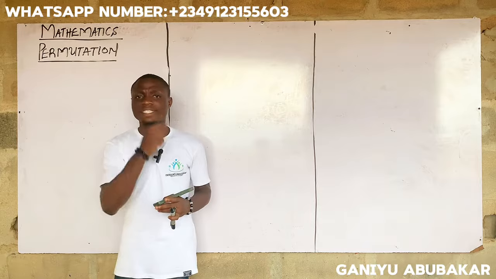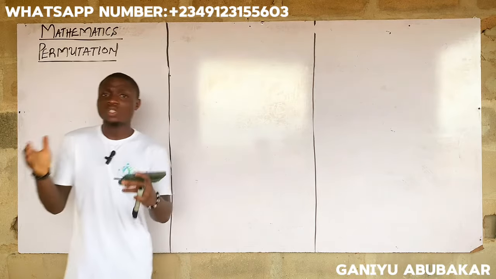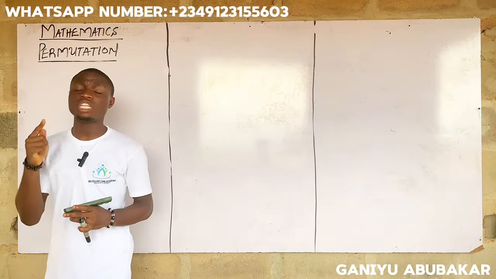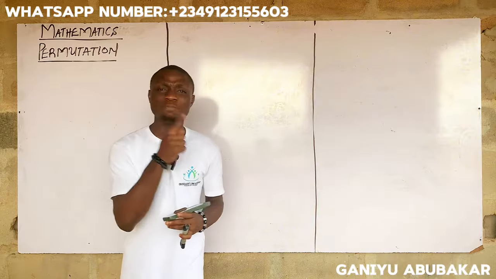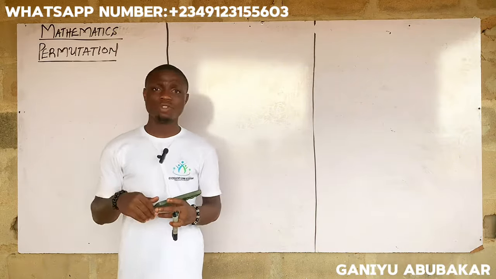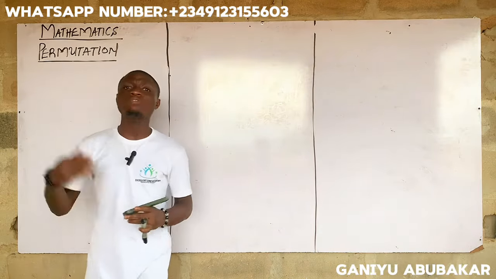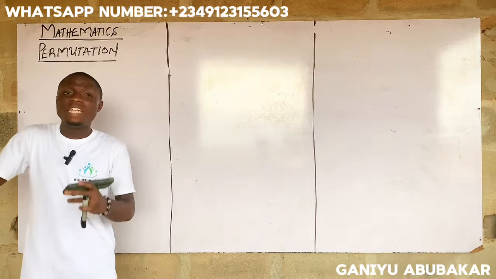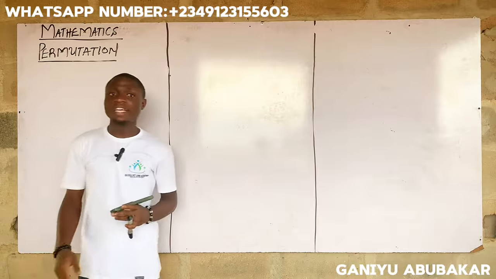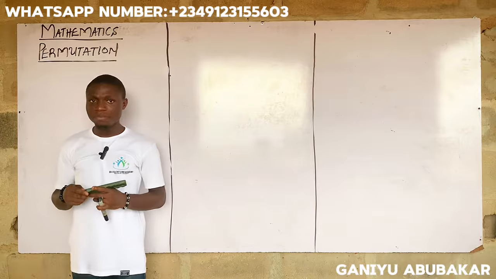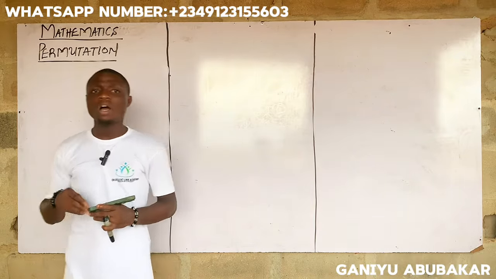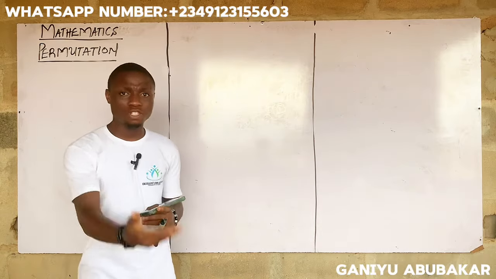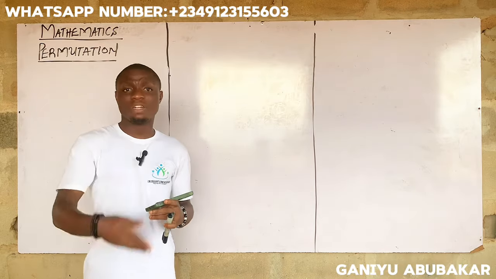So here is the task: whenever you're given a question, to differentiate whether it is a combination or permutation question, when you hear the word arrangement, that is permutation. So note that permutation is basically how to arrange n different objects taking R at a time. That becomes your definition.